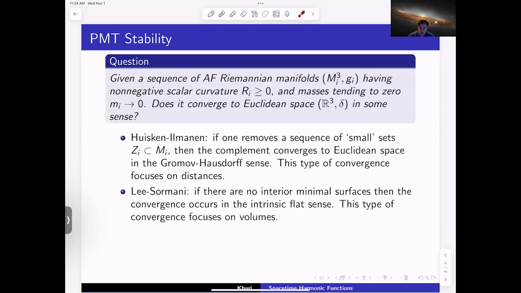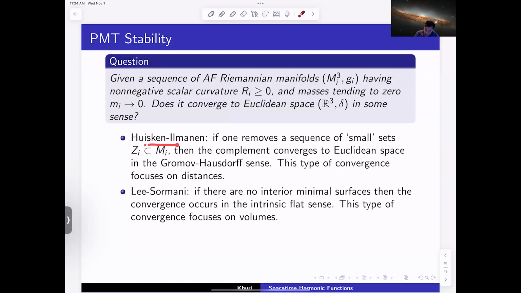Okay, so some application of this formula. Let's consider the stability question that's received some attention over the past few years. If we have a sequence of manifolds, non-negative scalar curvature, and the mass tends to zero, they're asymptotically flat, this space should converge to Euclidean space in some way. That's what we would like to show. And there are two main conjectures in this direction.